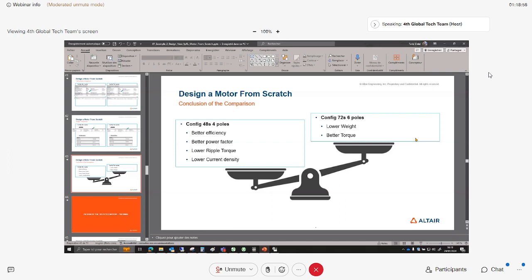So this is my configuration, but in my comparison, maybe you want to have a cheaper machine, and you don't take care about the points I need here. So if you need a cheaper machine, then the 6-pole is better than the 4-pole. So depending on your way to compare, you will have the best one.